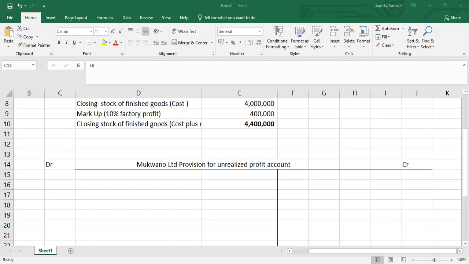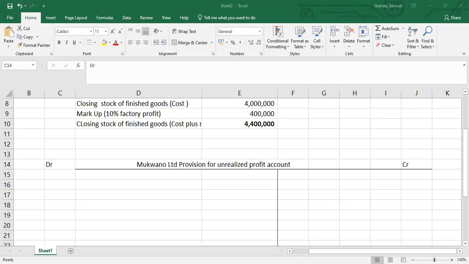So since we've already calculated our unrealized profit, which is 250 on opening stock and then 400 on closing stock, what we are going to do when it comes to our provision is have our opening and closing, and then we get the difference that we shall take to the P&L.